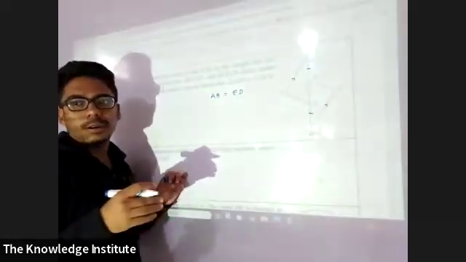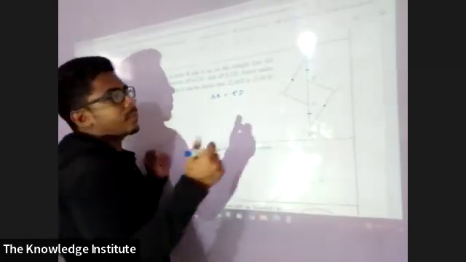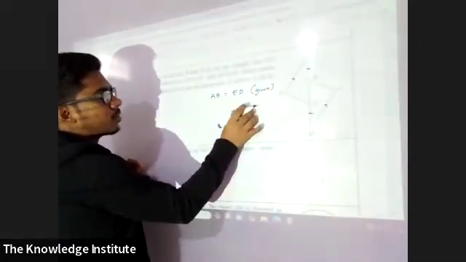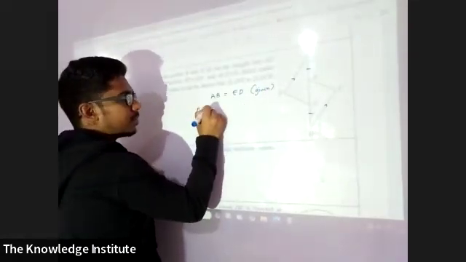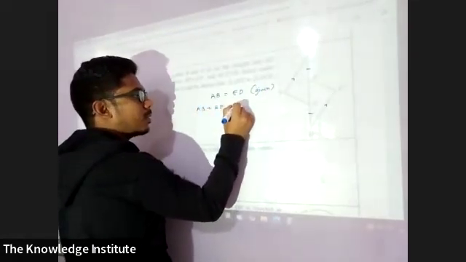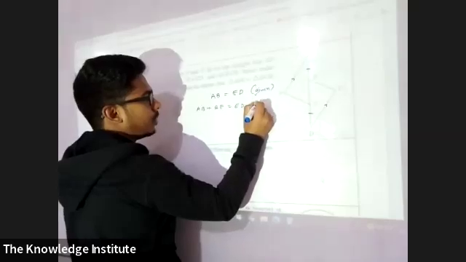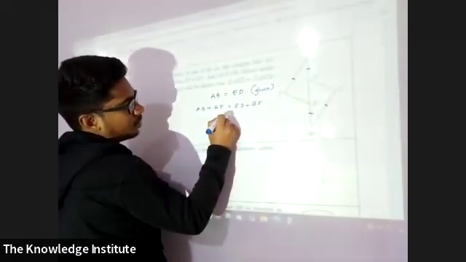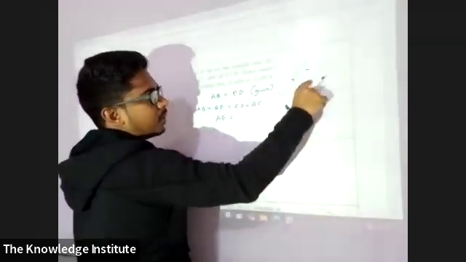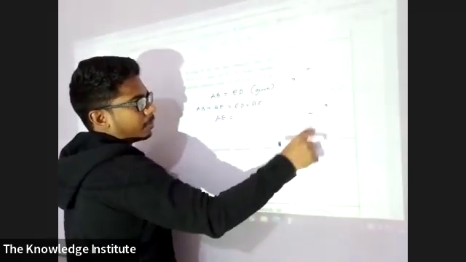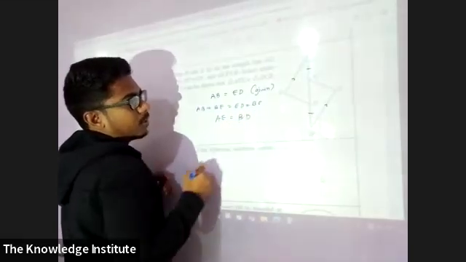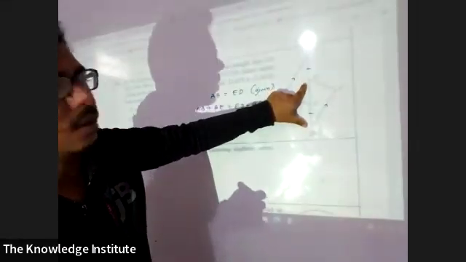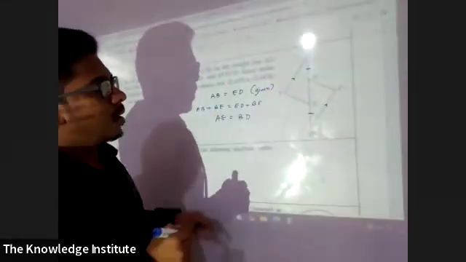Now I add BE to both sides: AB plus BE is AE, and ED plus BE is BD. So now we show that this side of the triangle is equal to this side of the other triangle.